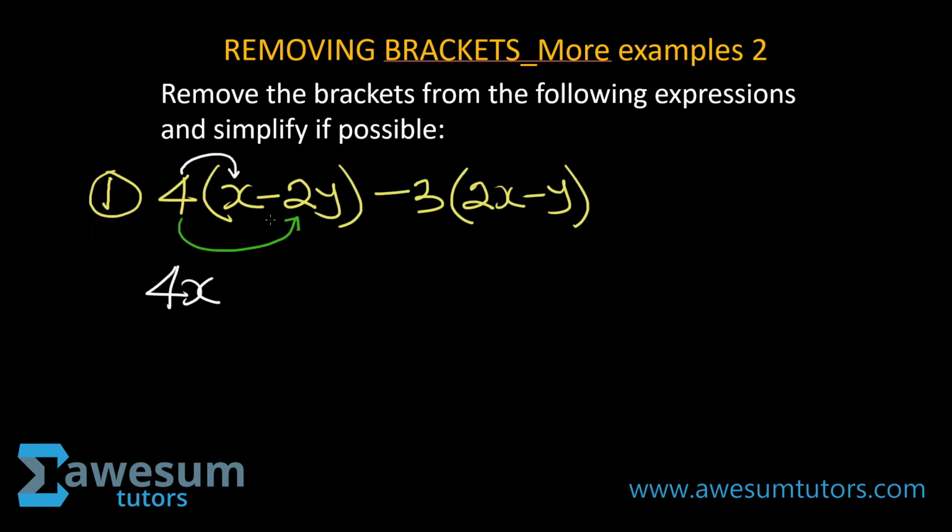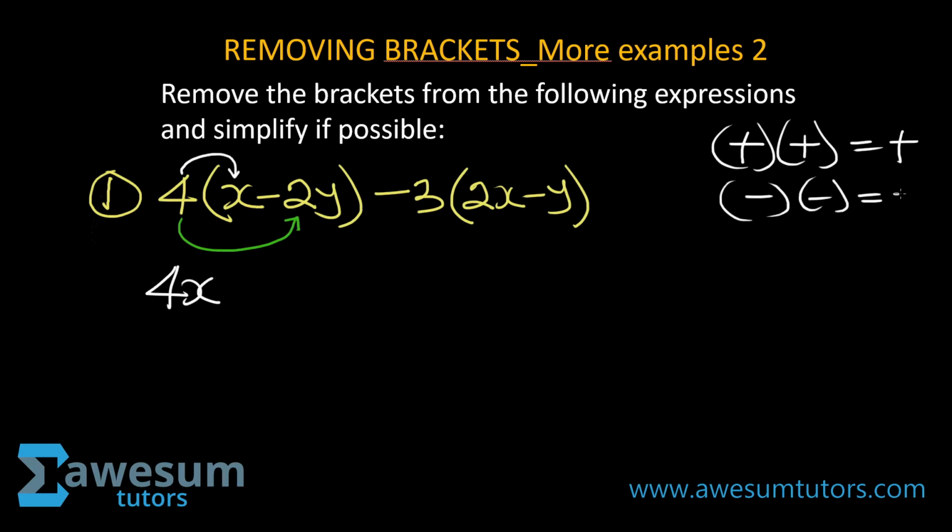We already know that when you are multiplying like signs, it gives us positive, and when we are multiplying unlike signs, it gives us negative.